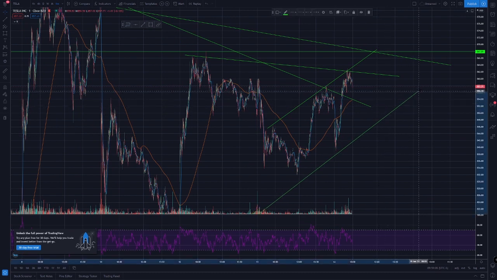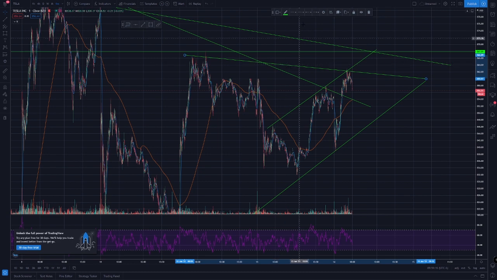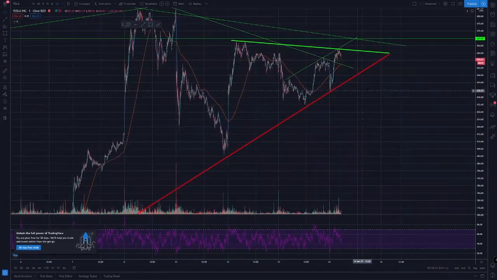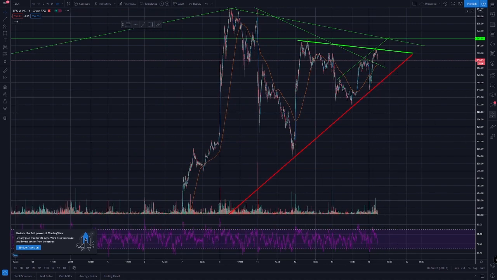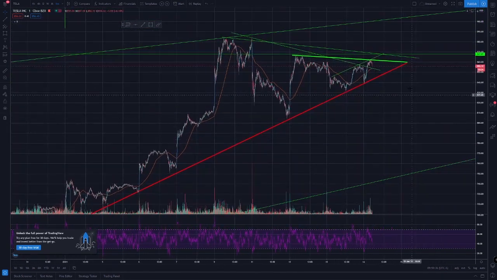So, my final thoughts would be, what I'm looking at would be this line right here and this line right here. If we break down this line, then we can probably expect a pretty decent correction.